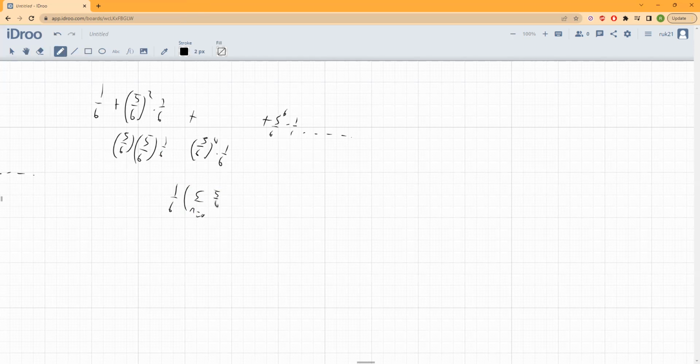It's 5/6 to the power of 2 to the power of n. So then your ratio is 5/6 to the power of 2, and your a is equal to 1. That was horrible handwriting, but hopefully what I said made sense.